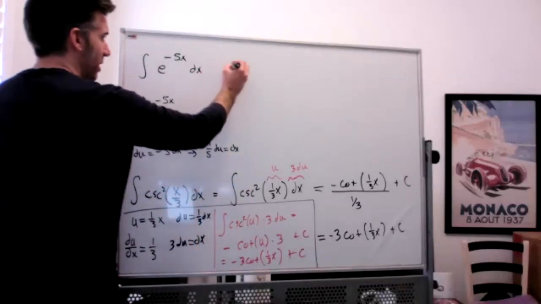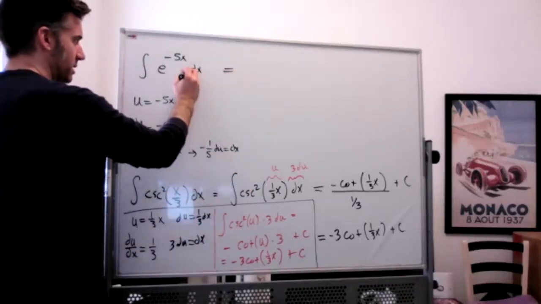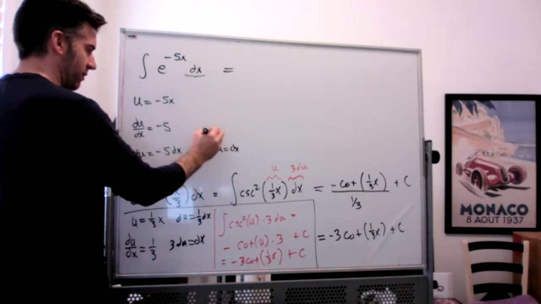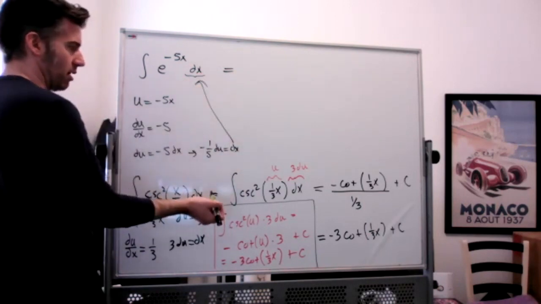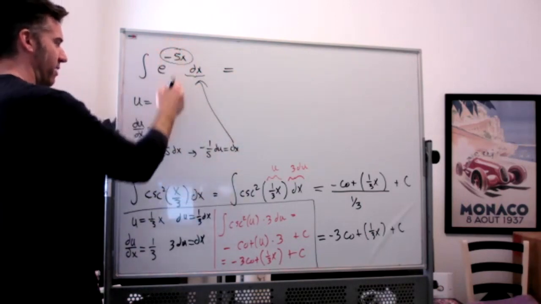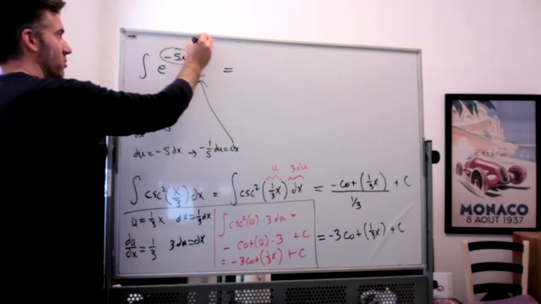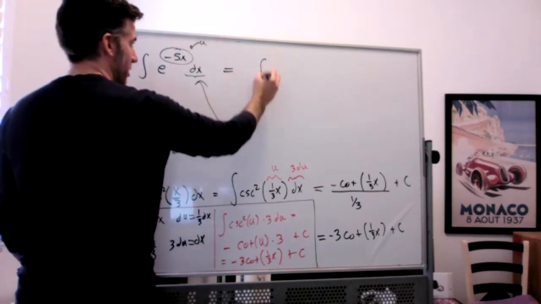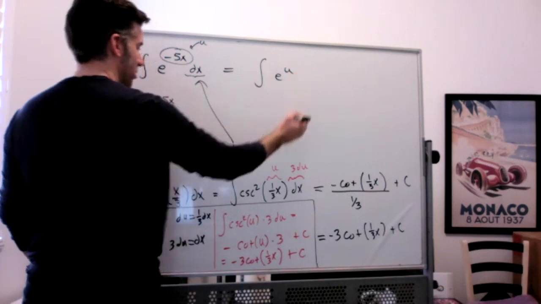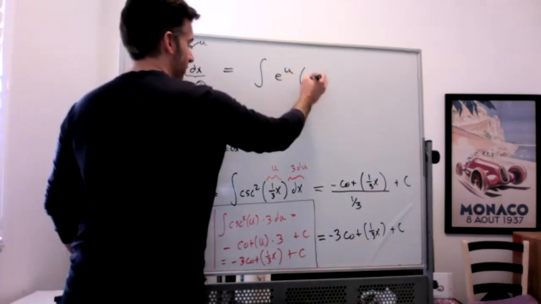When I rewrite this, the dx becomes my negative 1/5 du, and e to the negative 5x, the negative 5x is going to be u. So this becomes the integral of e to the u times negative 1/5.